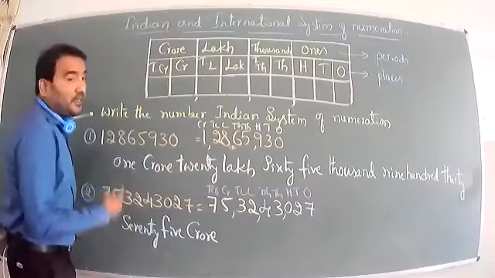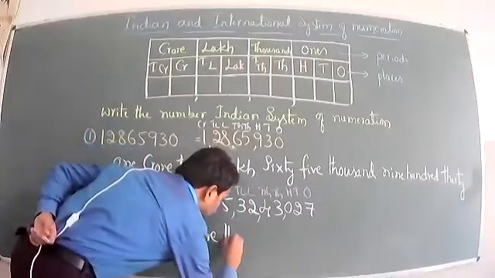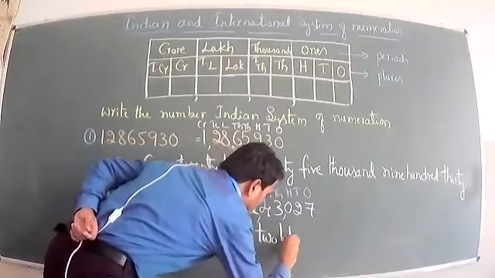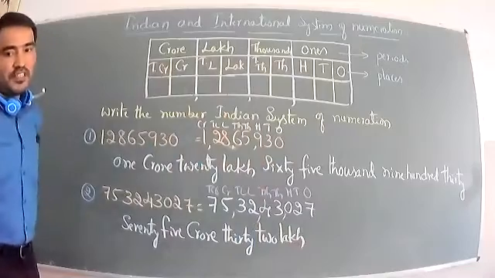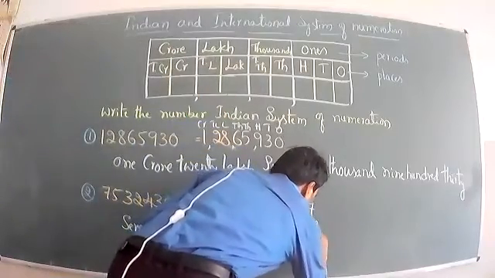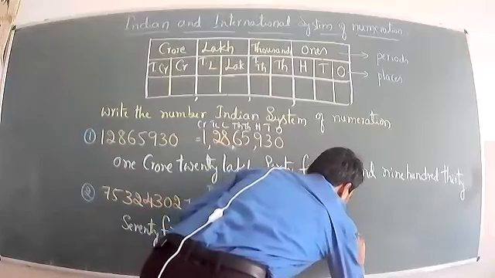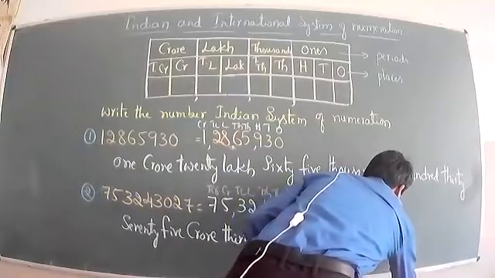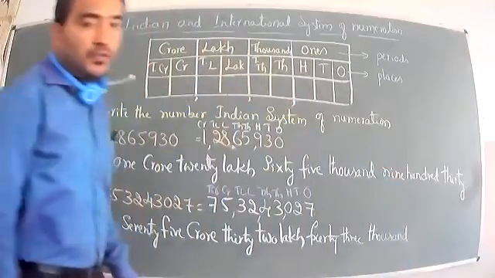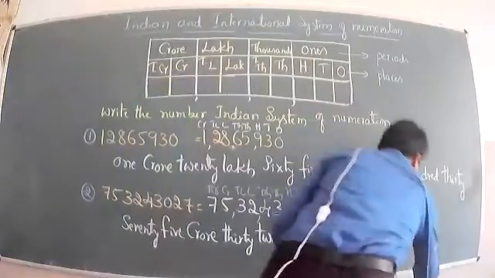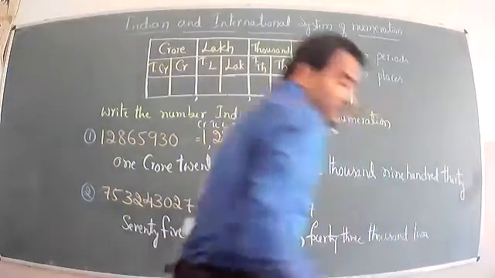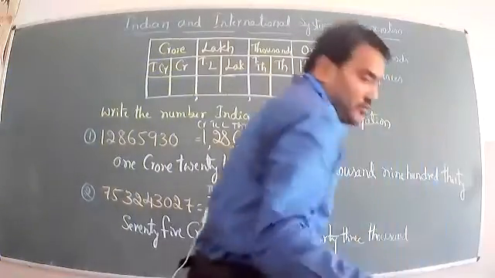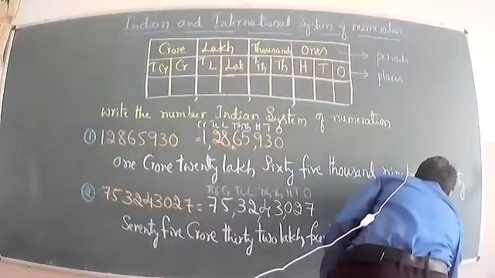So ten lakh and lakh, write together. 32 lakh. Next, 43,000. Next, 27.